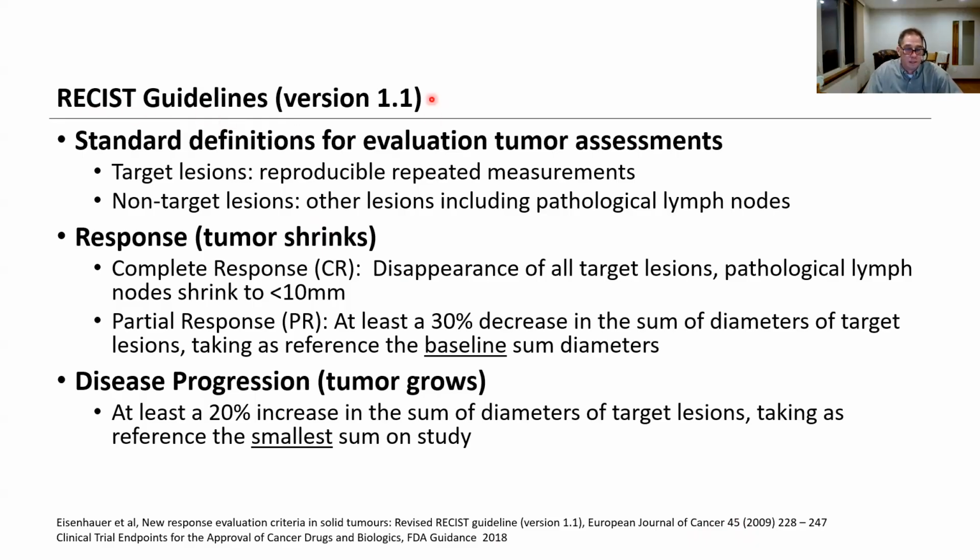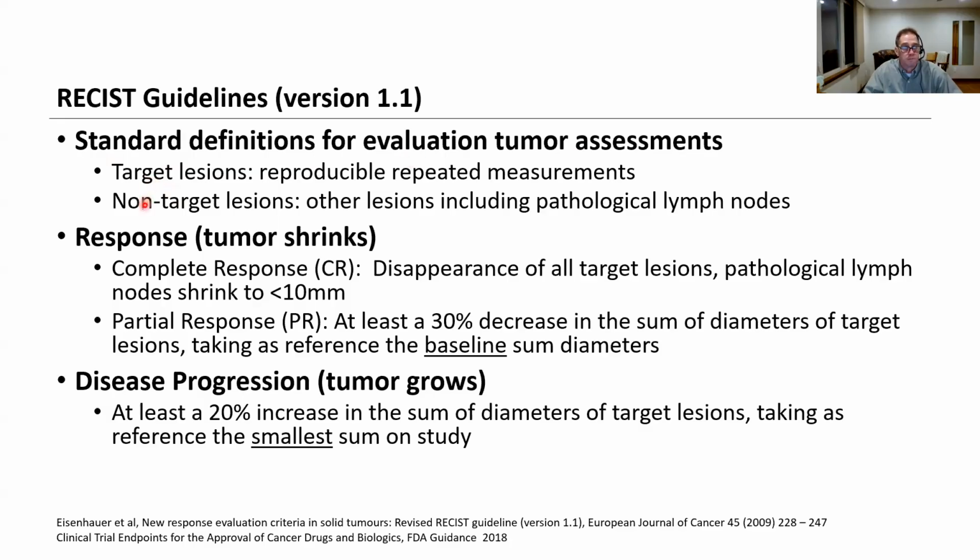It was published by a European group in 2009, and they collected tumor dimensions from thousands and thousands of patients and analyzed them to come up with rules to decide what a decrease or an increase in tumor size means, right? So they provide standard definitions for evaluation of tumor assessments.